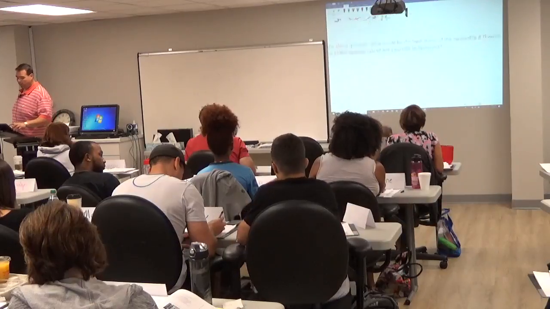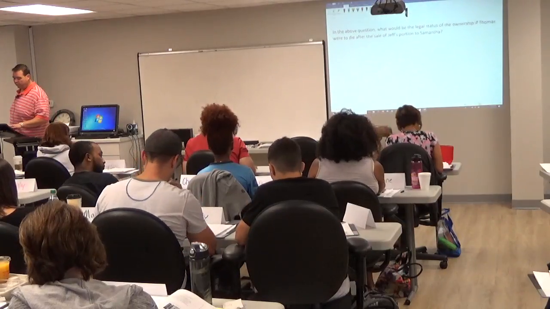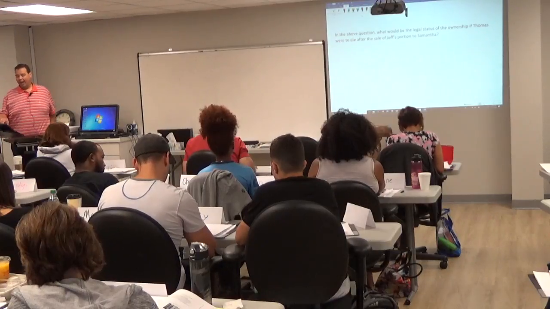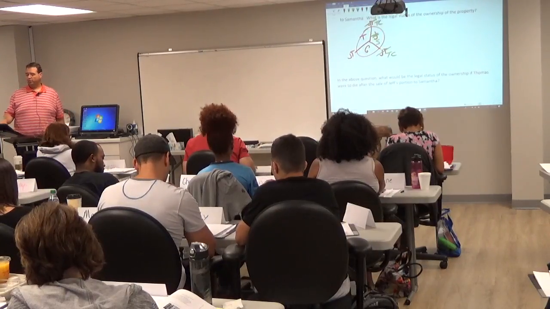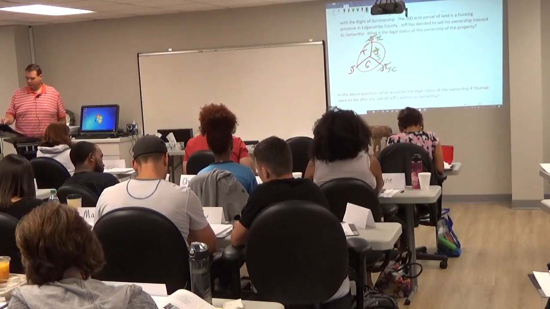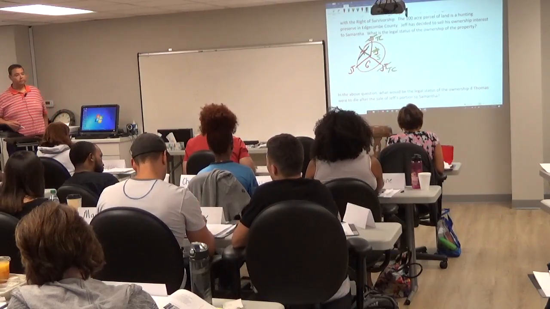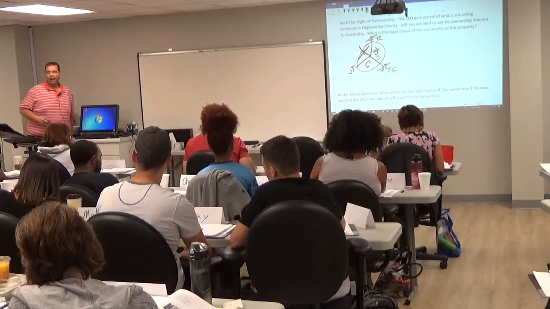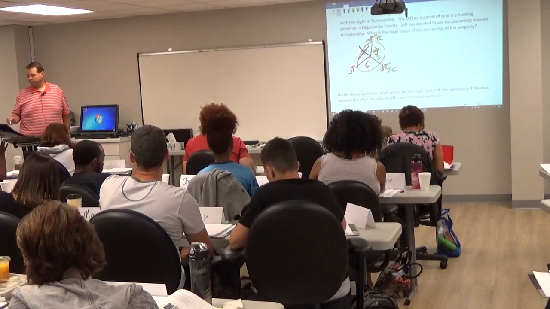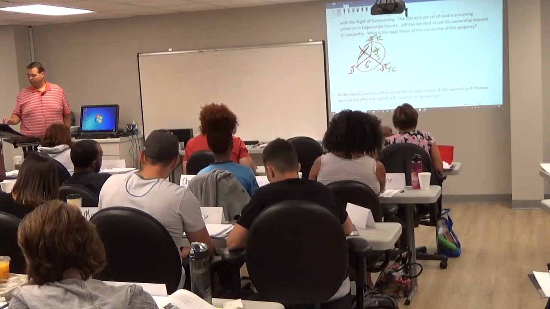Right? All right. And then the question above, what would be the legal status of the ownership if Thomas were to die after the sale of Jeff's portion to Samantha? So poor Thomas is dead, right? What happens to the ownership? Well, here's the first thing that happens.